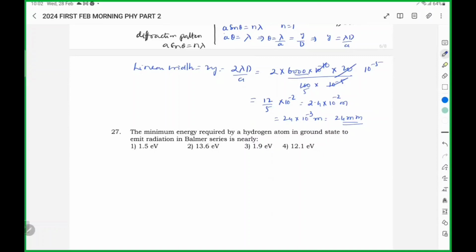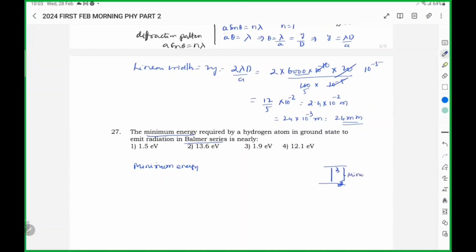The minimum energy required by a hydrogen atom in ground state to emit radiation in Balmer series. Minimum energy, and Balmer series, that is from second orbit to third orbit.